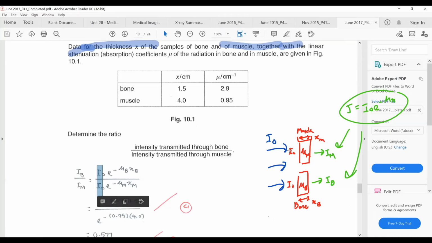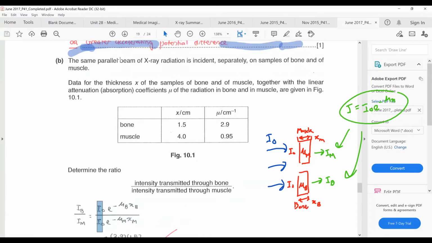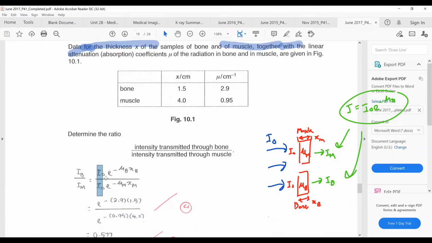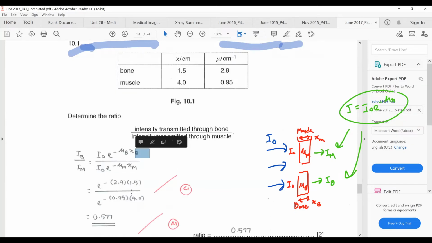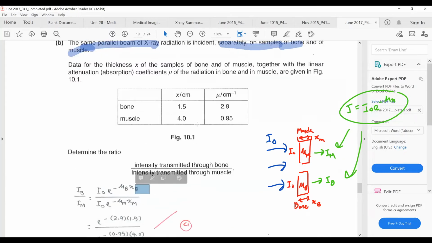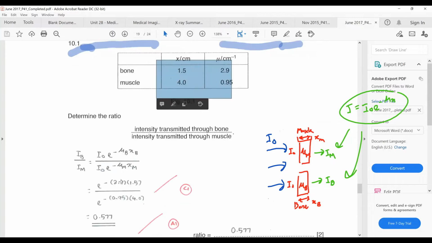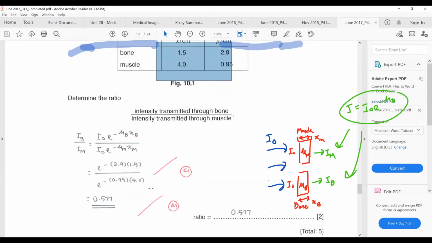The I naught is the same for both, because they've told you that the same beam is incident separately on bone and muscle, so you can just cancel it off. Then after that, you use the values of x and mu for the two different materials. As you can see here, this is centimeter, this is centimeter to the power of -1. They will cancel off, so you don't really need to change from centimeter to meter. You will get your answer as 0.577.